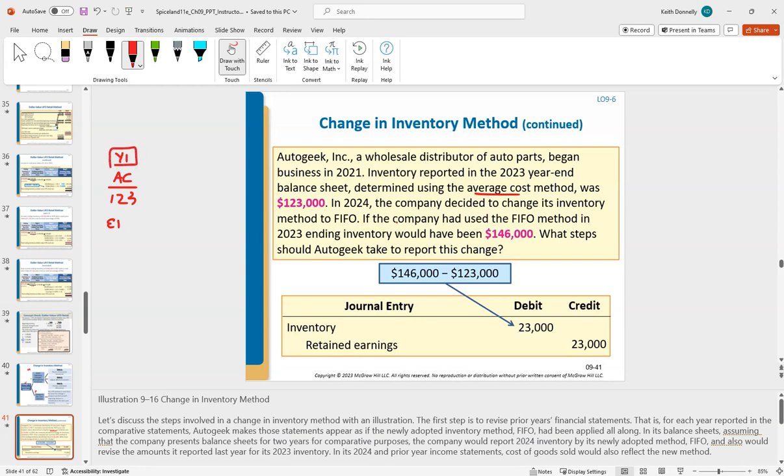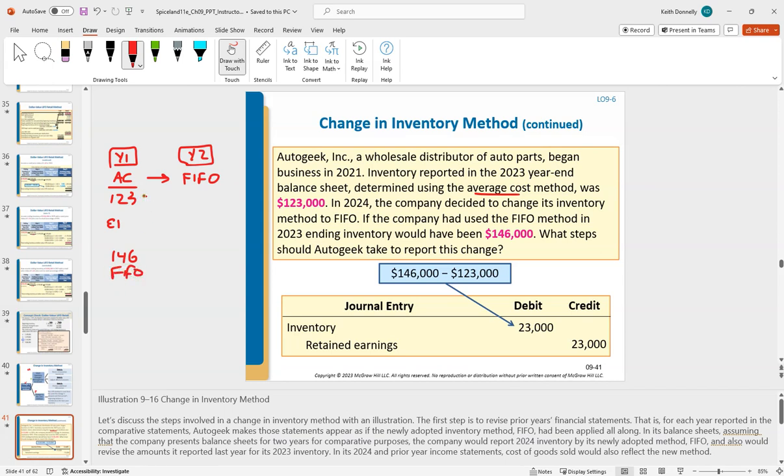For 2024, they decided to change to FIFO. Had it used FIFO in 2023, the ending inventory would have been 146.